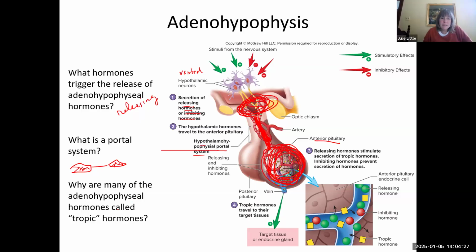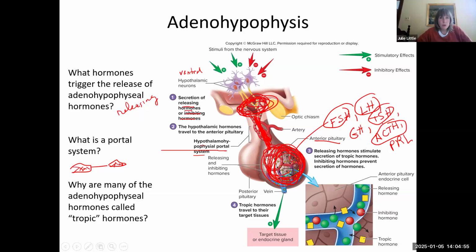Why are many of the hypophyseal hormones called tropic hormones? The hormones released here would be follicle stimulating hormone, luteinizing hormone, growth hormone, thyroid stimulating hormone, adrenocorticotropic hormone, and prolactin. Of these, FSH, LH, TSH, and ACTH are the tropic hormones, because to be called a tropic hormone, you have to act upon another endocrine organ.